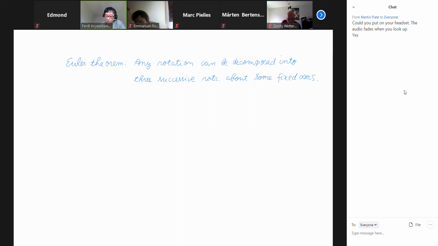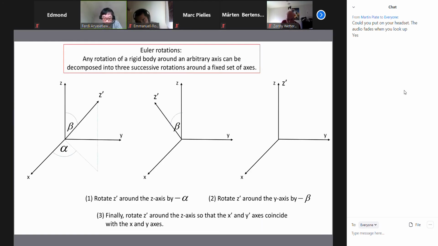So how do we see this? There is a simple way of showing this or proving this. First of all, it is important to realize that this is a rotation of a rigid body. So we are not allowed to distort the object. So let's take the rigid body to be a set of Cartesian coordinates. We have x, y, and z, and they are fixed. They are rigid.